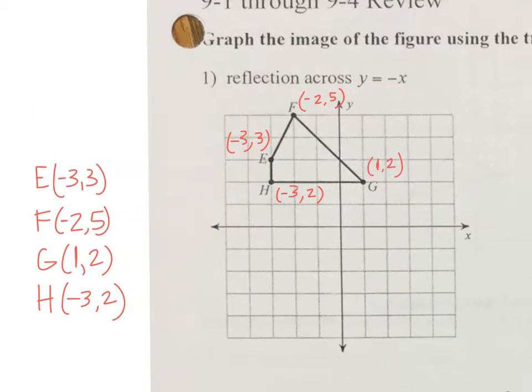What if we changed the question and it said reflect across y equals x? The reason I'm showing you this is because it's probably on your test. So if that's the case, we're reflecting across a positive sloping diagonal. So that's what your line would look like. And the rule for doing that is you just switch your coordinates.